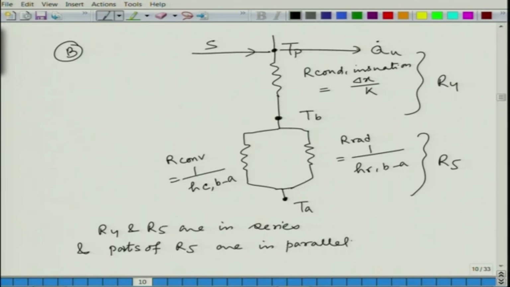So, you agree to this point, and finally, A and B, the top and bottom, are in parallel connection.